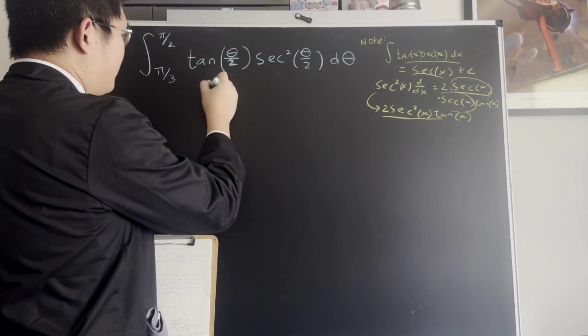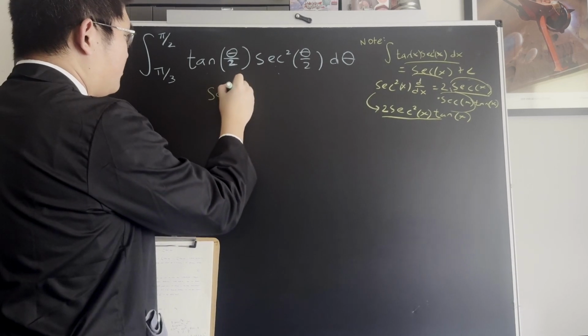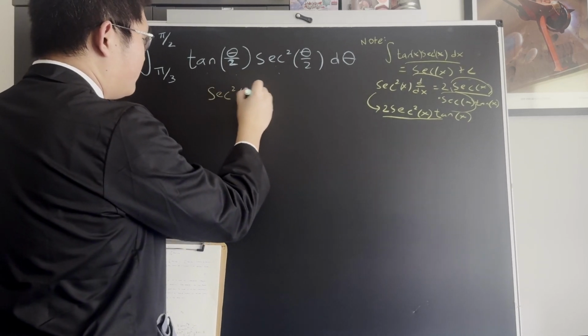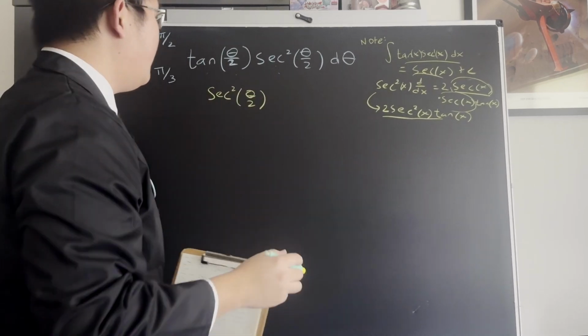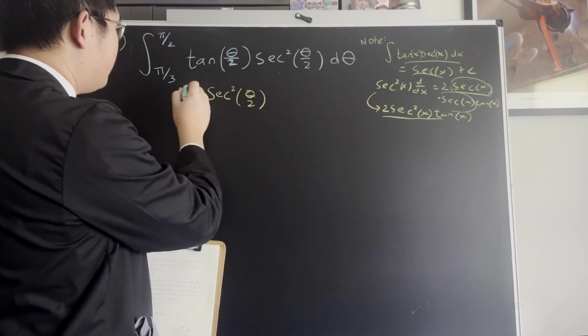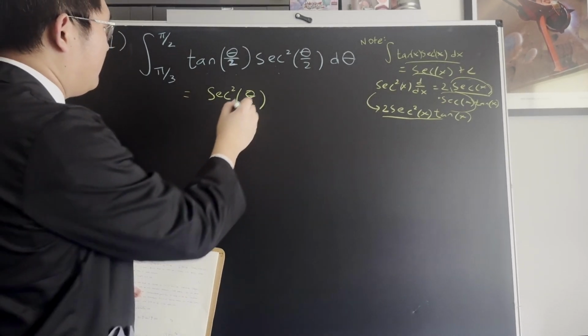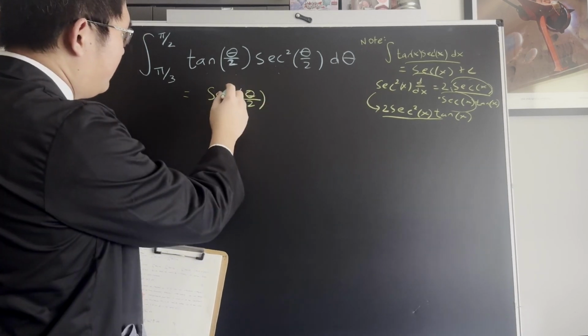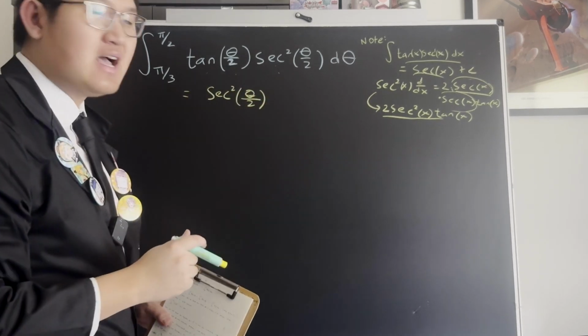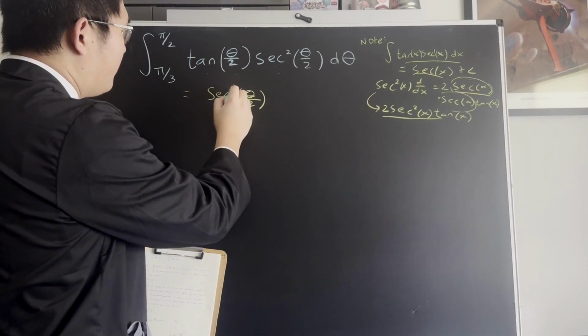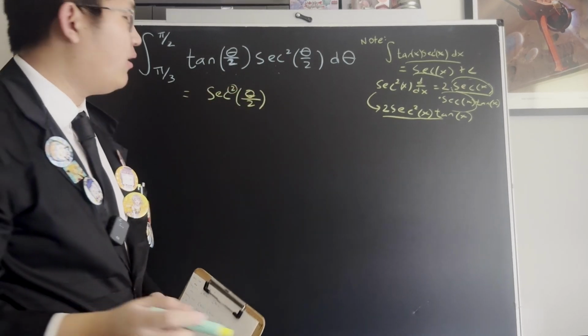So let's start first with the secant squared of theta over 2, right? If we were to use this as our proposed result of our integral here, what would we result with? From theta over 2, something convenient does happen here, because we'll remember that the 2 will come down thanks to the power rule.